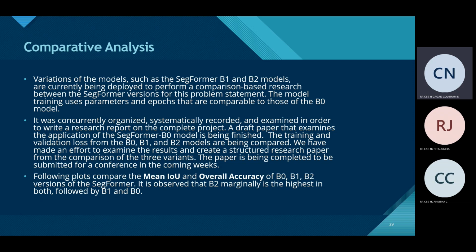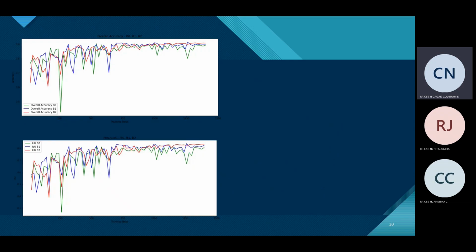Thereby, the overall accuracy of all the three models as well as the mean IOU were plotted, and we observed that the B2 version of the model marginally outperforms in both the overall accuracy as well as the mean IOU. And this is the graph for both overall accuracy as well as the mean IOU.